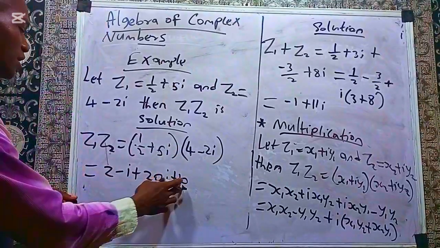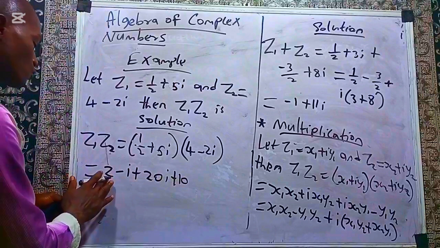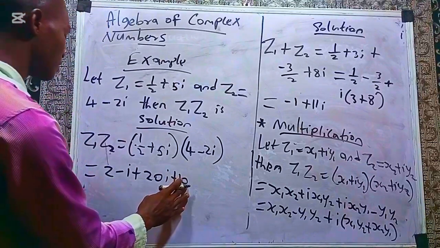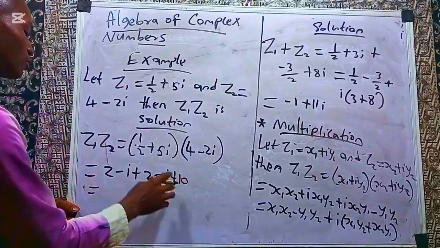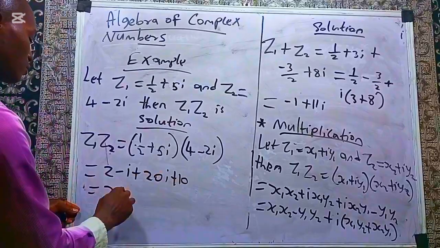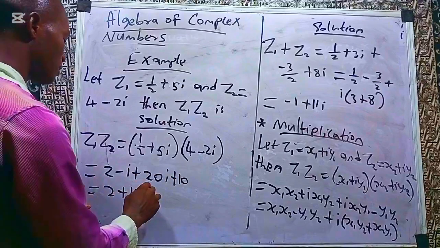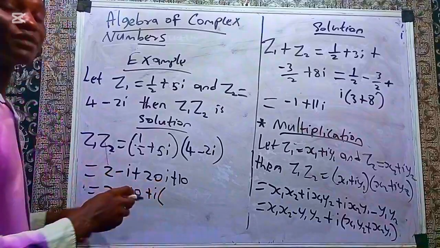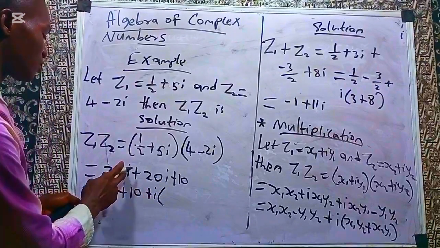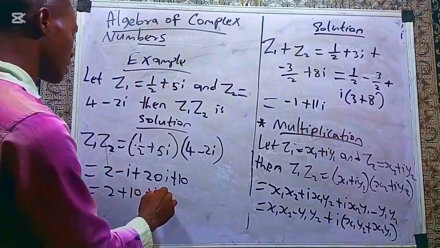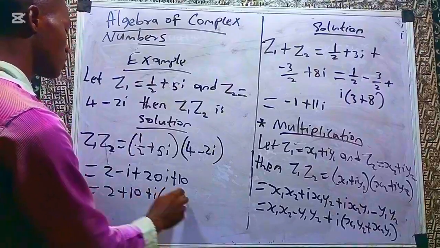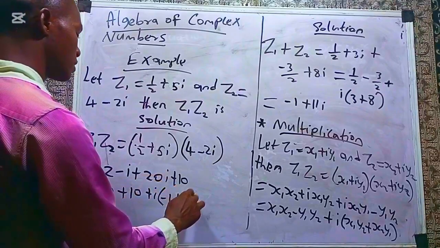So what's the real part? The real part is this 2 that does not go with i and this 10 that does not go with i. You add the real part, that's 2 plus 10. Then you now put plus i into, you add the imaginary part. What's the coefficient of i here? That's minus 1. Plus, what's the coefficient of i here? 20.